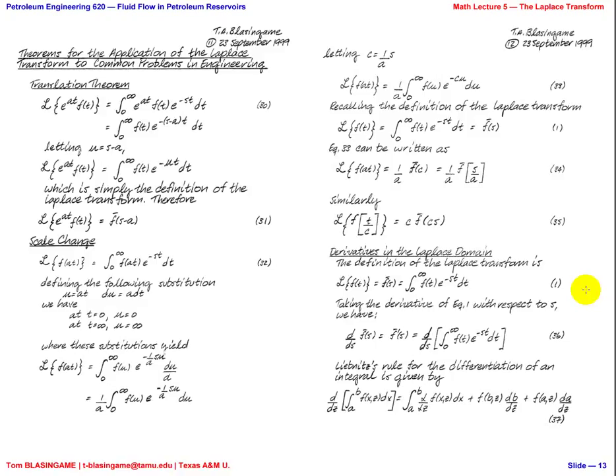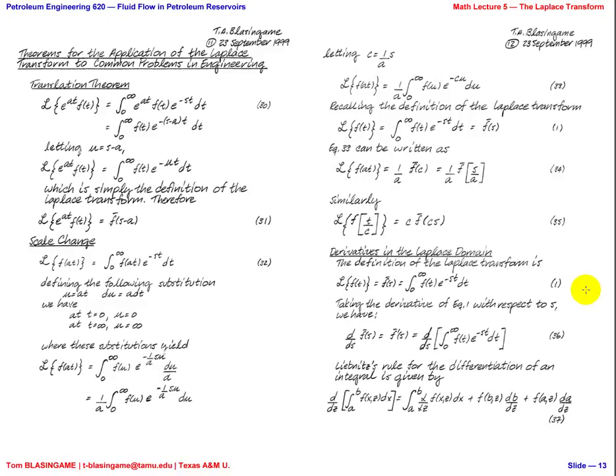The scale change: if every t is multiplied by a constant, you divide the function and substitute everywhere S is supposed to be by S over the constant.